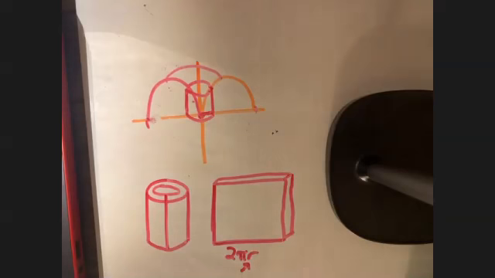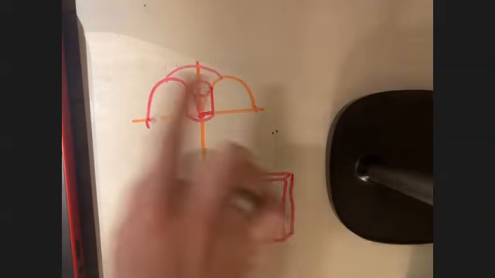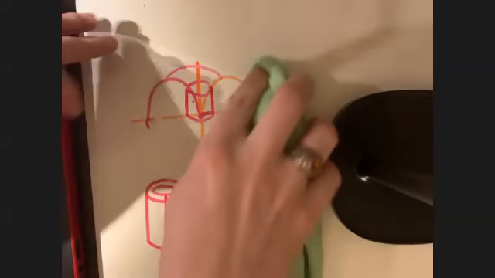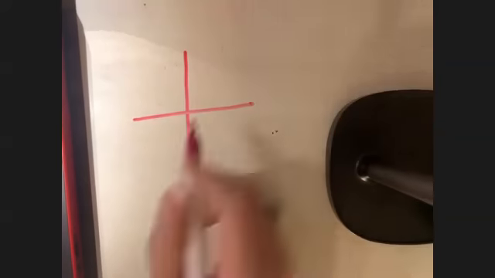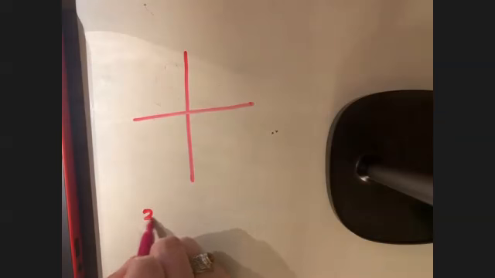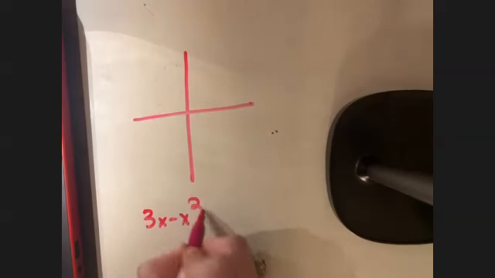So let's take a look at one of these. Now I'm going to take this same shape and I'm going to switch where my axis of revolution is. We're going to be looking at the function 3x minus x squared.